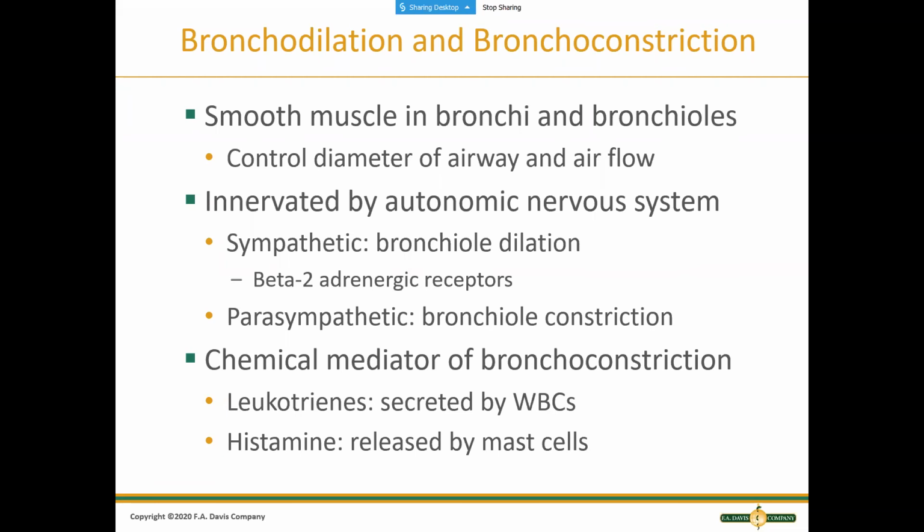And also, the autonomic nervous system innervates your blood vessels, but also innervates your bronchioles. Specifically, beta 2 adrenergic receptors. Memorize that little line if you can, because you'll see that all the time. The reason you see it all the time is the breathing treatments that we give people, the albuterol nebulizers.